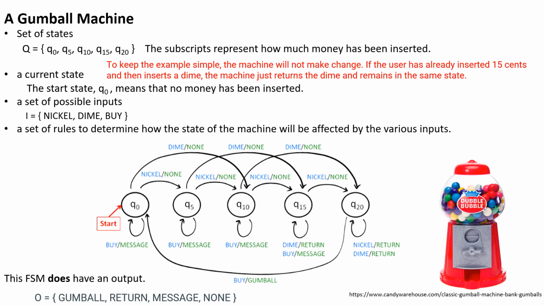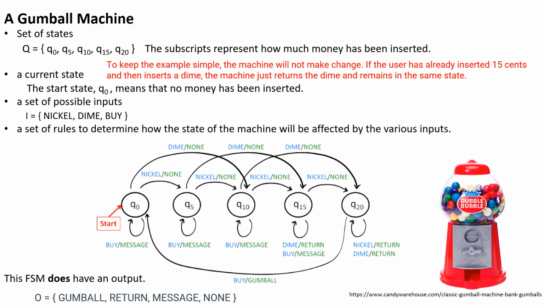I hadn't said this yet, but they're setting it up to say that you'll get a message if you try to buy something and you haven't put enough money in yet. So if you only put in 15 cents and then turn that little knob, you would get a message saying, you need to put some more money in. And then there's also a possibility that nothing happens. If you just put in a nickel, nothing's going to happen. It's waiting for more money. Okay, so those are the outputs.